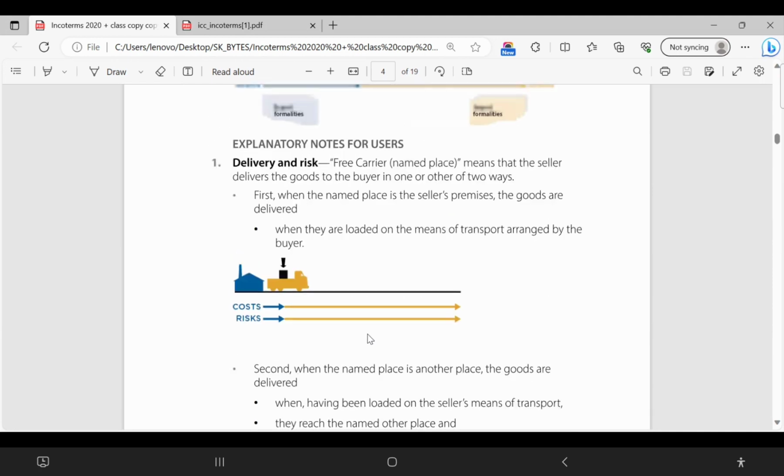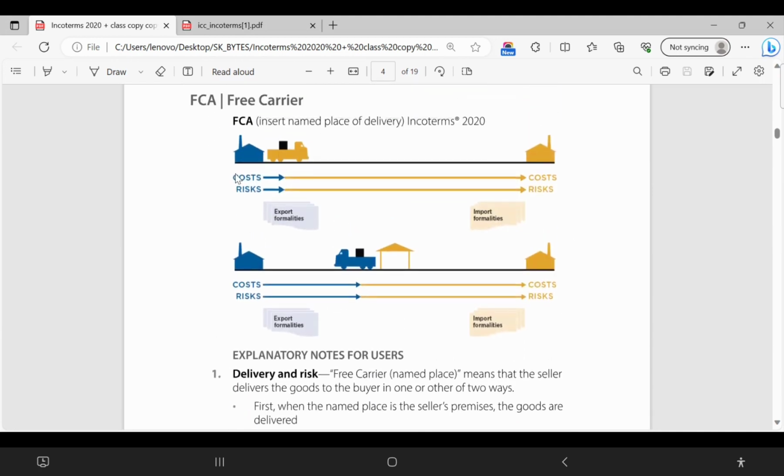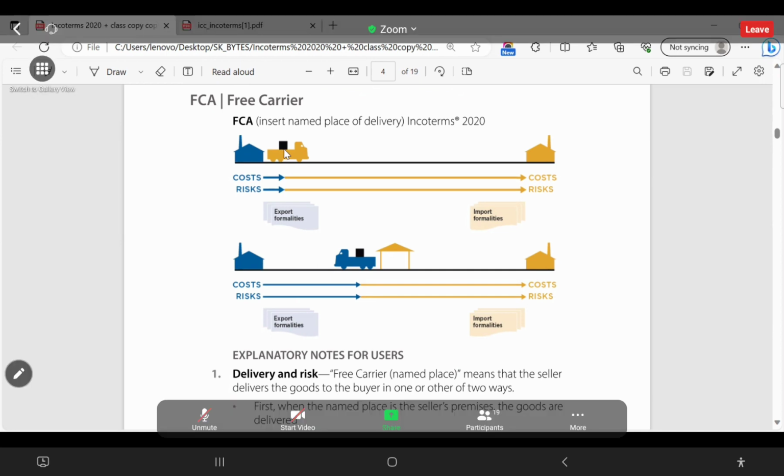Now, for example, in the first instance, the named place is the seller's premises, the exporter's premises. Now goods are loaded here. If some damage happens, whose responsibility is it? Once the goods are loaded, the buyer's. Now, in the second point, the seller's obligation is to make the goods available at the second place.